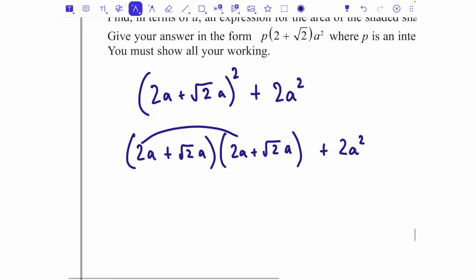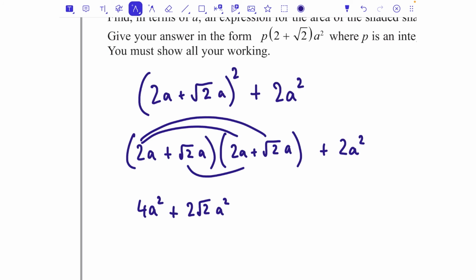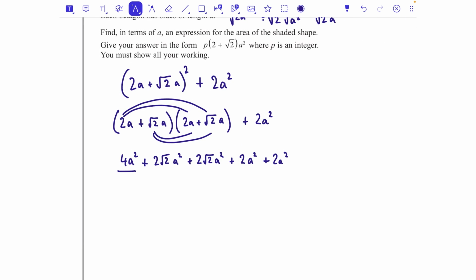So I've got 4a squared, add, now I've got 2 root 2a squared, and then add another 2 root 2a squared, and then add, I've got root 2 times root 2, which is 2, and a times a, which is a squared, add another 2a squared. So all together, 4a squared, and another 4a squared here, so I've got 8a squared, add 4 root 2a squared, like that.